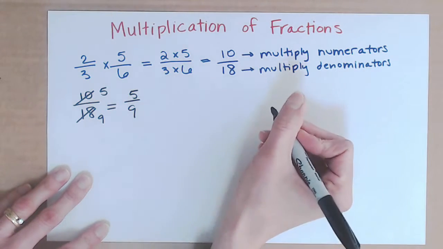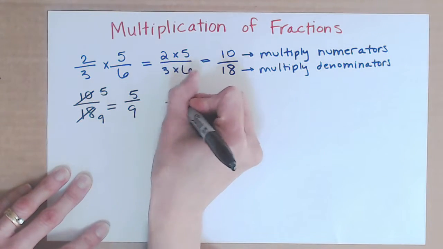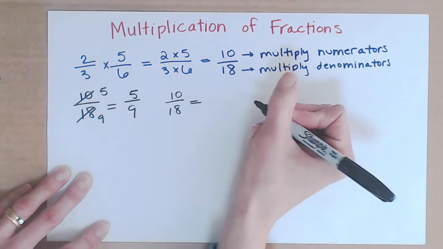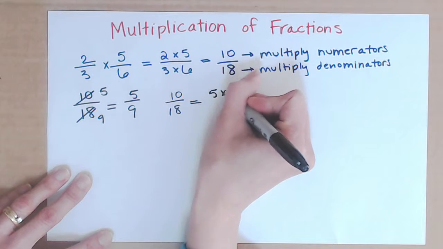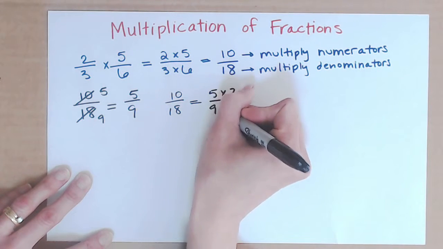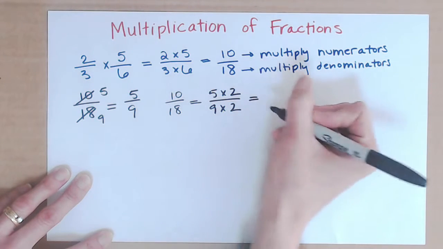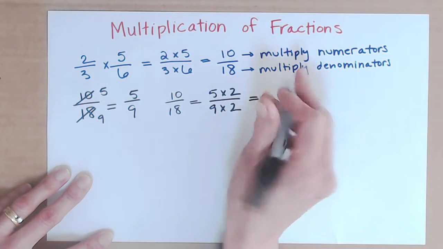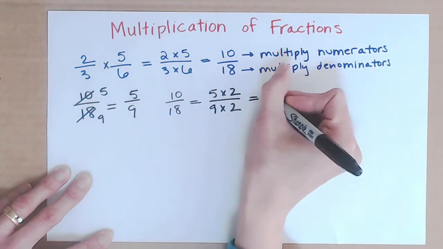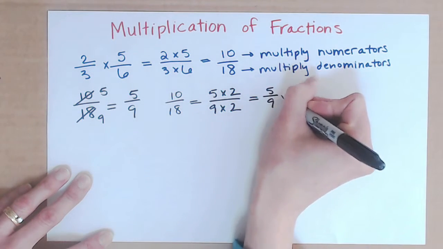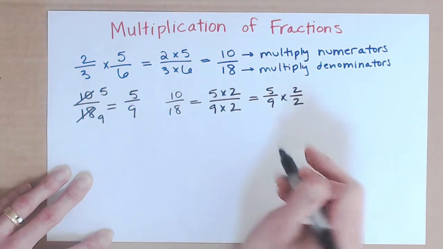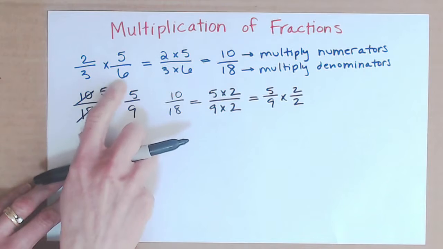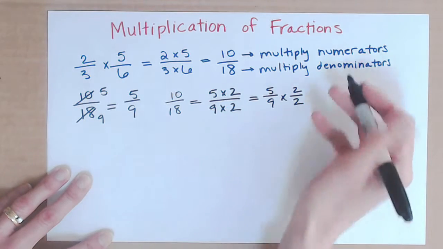Now I'm just going to go into the theory of this a little bit. So 10/18, we say there's a common factor of 2. So 10 is really 5 times 2 and 18 is really 9 times 2. So now we're going to pull it apart and make it 5/9 times 2 over 2. We're just kind of doing the multiplication algorithm for fractions backwards.